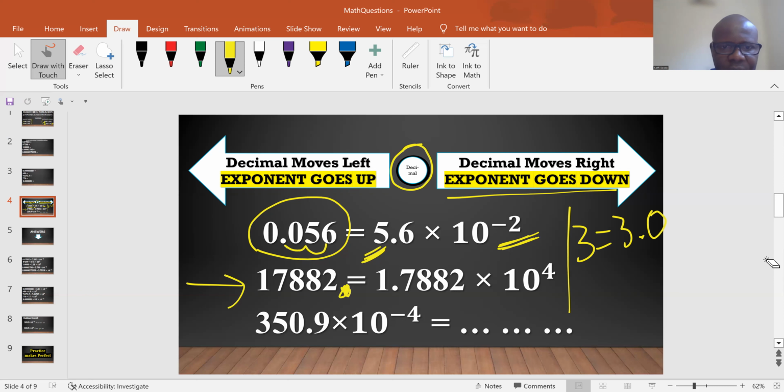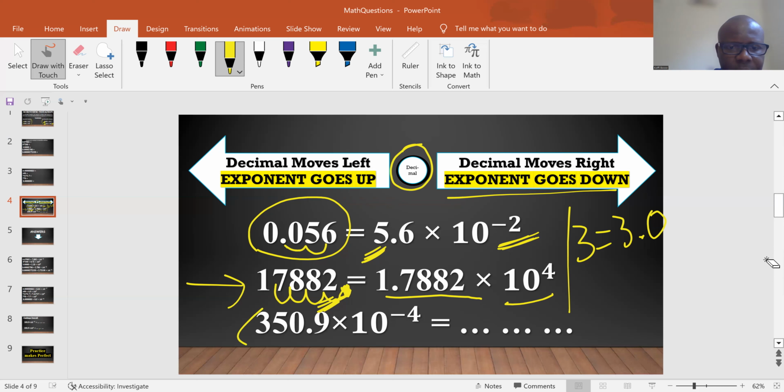The last digit on the right side is 2, so we put the decimal there and we move 1, 2, 3, 4 units left. Move left, the power goes up. The reason we have 1.7882 times 10 raised to 4th power.